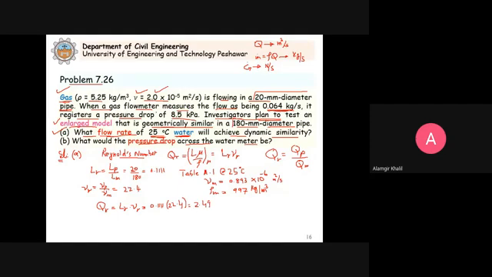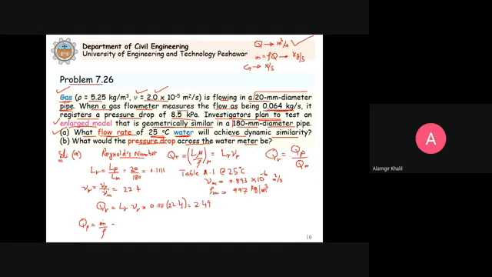Now we want to calculate the flow rate for water. As I said, for incompressible fluid, it is convenient to work with volumetric flow rate, but the flow rate for the gas, which is a compressible fluid, is given as mass flow rate. So for the prototype, we can calculate the volumetric flow rate. How to do it? This will be equal to m dot divided by rho.